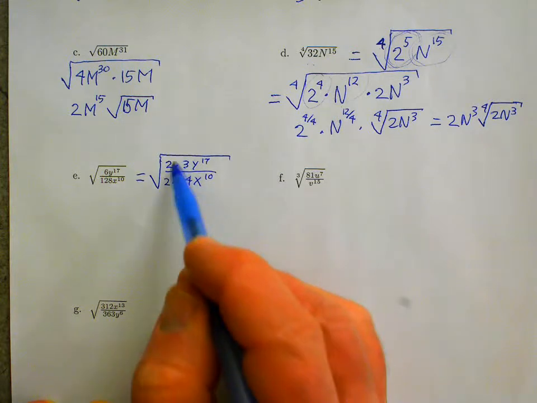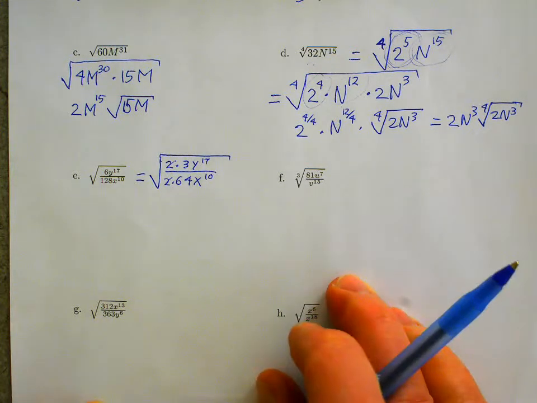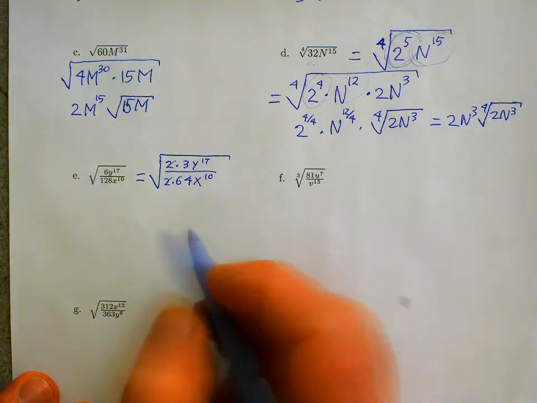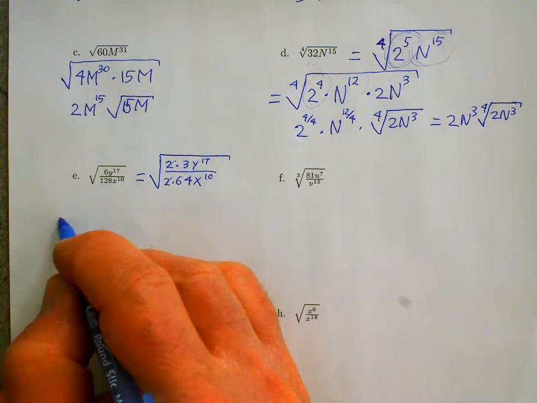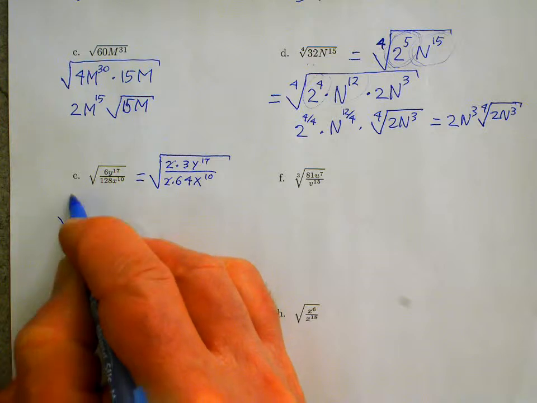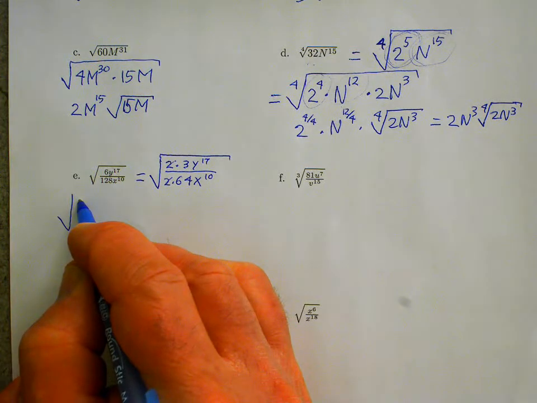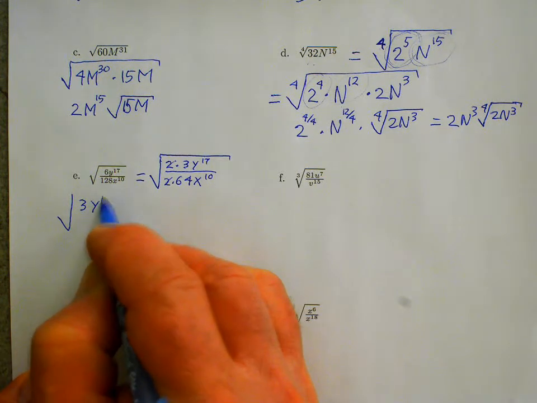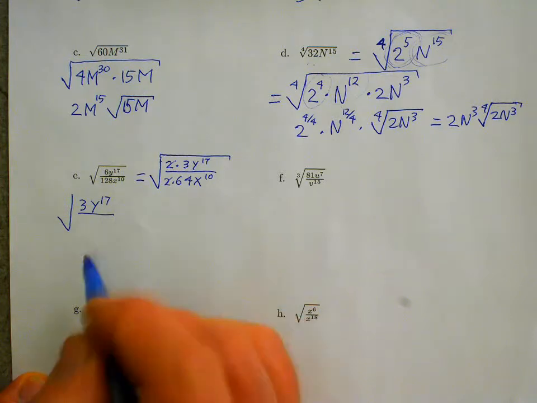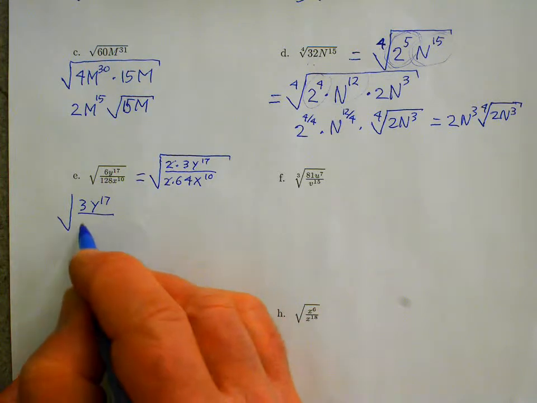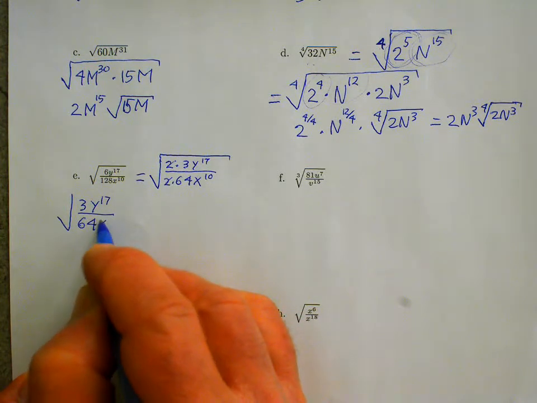And then 2 divided by 2 is 1, so those cancel. So we can just focus on simplifying what's left, the square root of 3y to the 17th over 64x to the 10th.